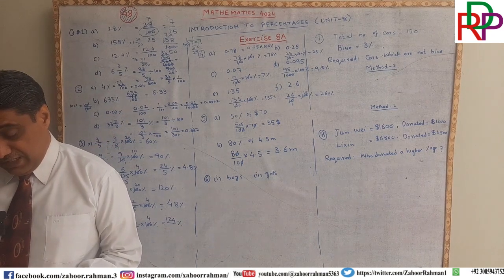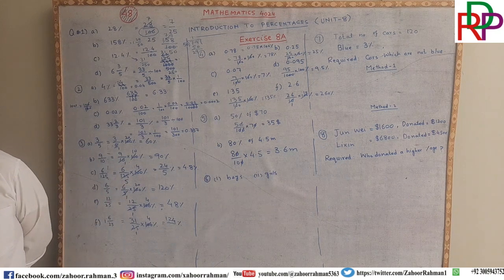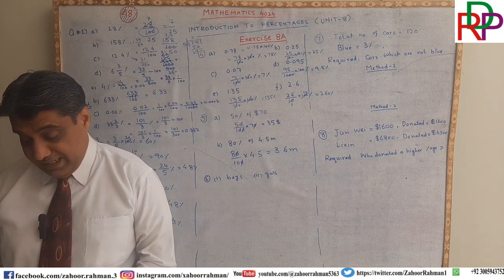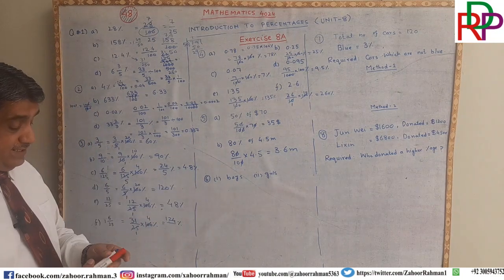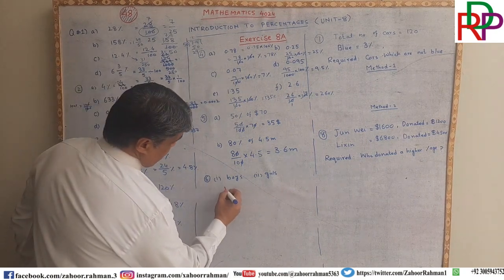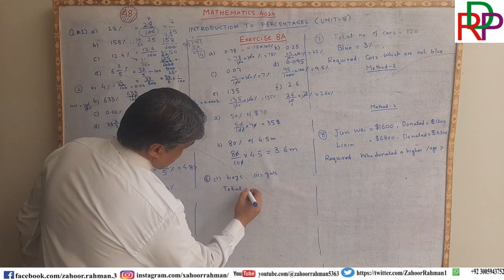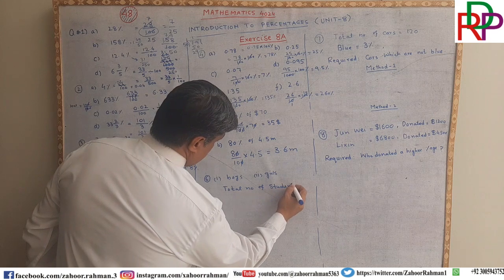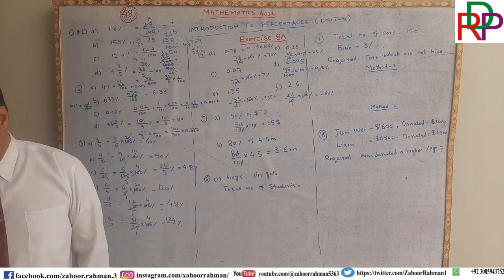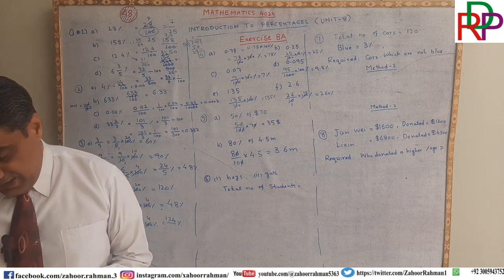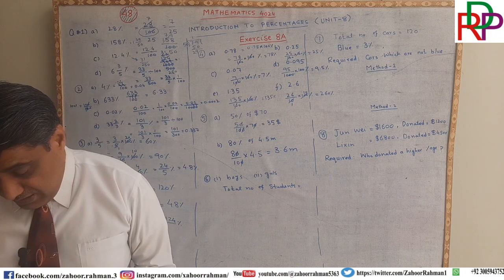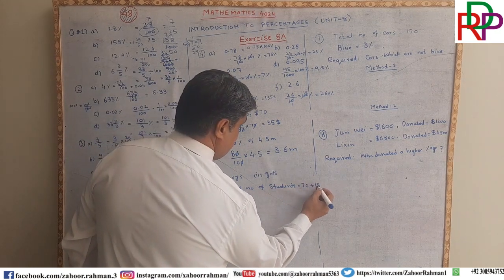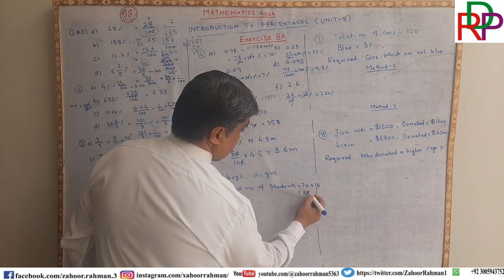Next question is saying there are 20 boys and 18 girls in a class. Find the percentage of boys. So first we have to find the total number of students. 20 and 18, yes, 20 plus 18, and that is 38.